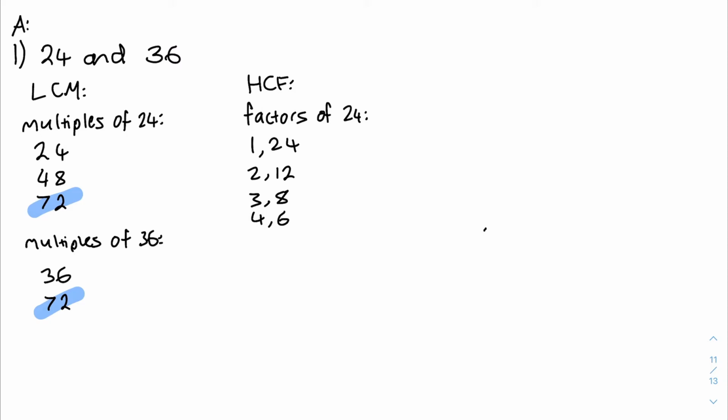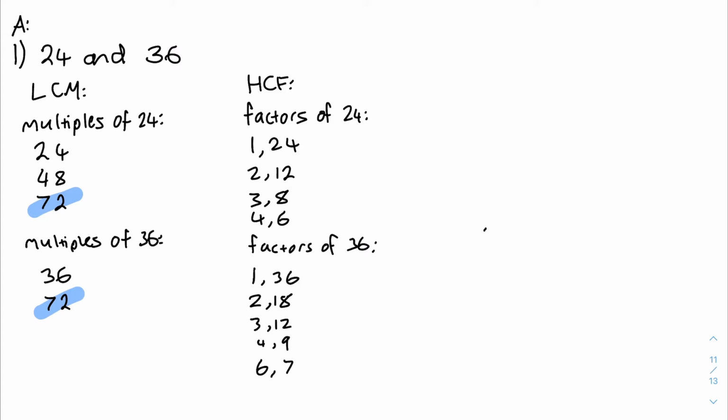And then we'll look at the factors of 36. So we have 1 and 36, 2 and 18, 3 and 12, 4 and 9, and 6 and 6. And same again, we'll stop there, otherwise we start repeating ourselves.